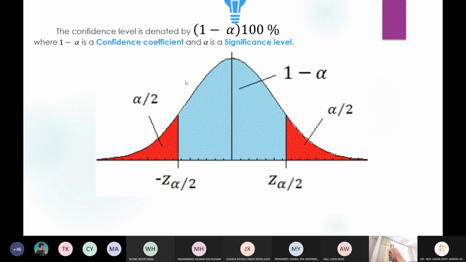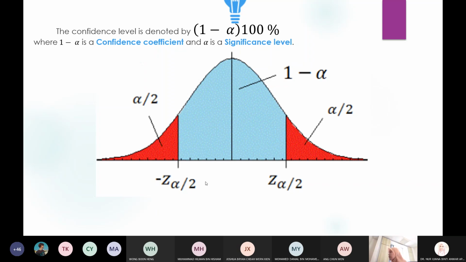If you have this kind of normal curve with two sides of error, the blue area here is the confidence level based on the sample data that you use, and this Z value is the indicator of your critical value, which splits the region where you allow the error and the region where you are confident with your sample.